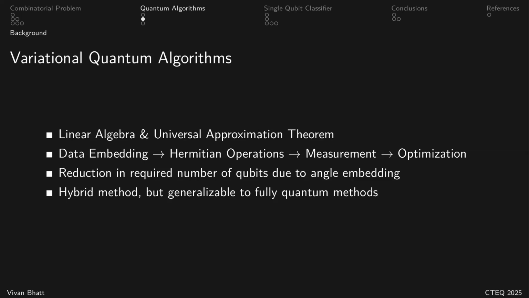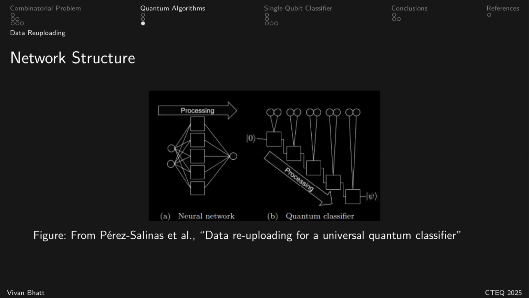So instead of a network with multiple layers, you sort of just push your deep neural network onto its side, where each neuron in your neural network is a rotation gate acting on your qubit.